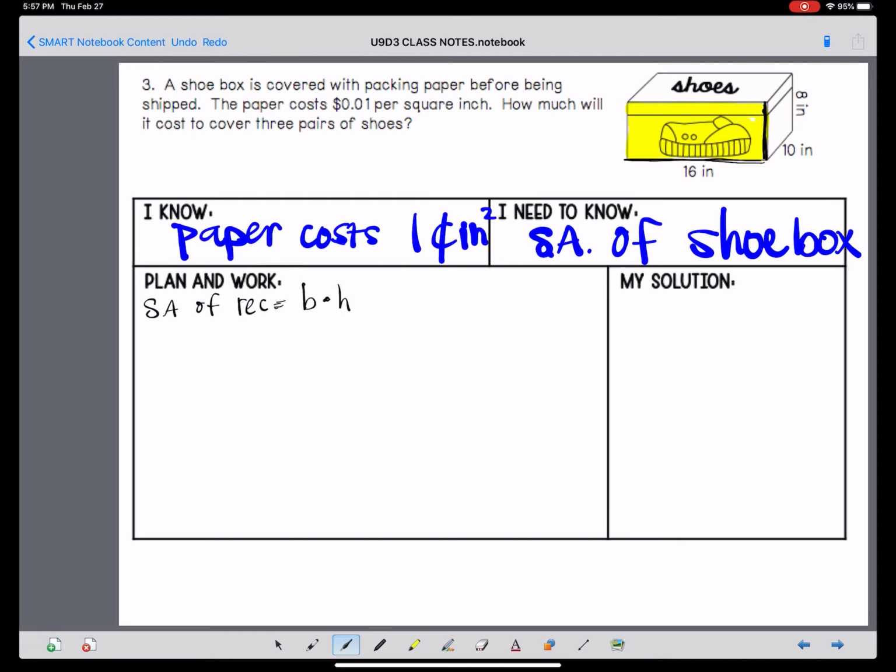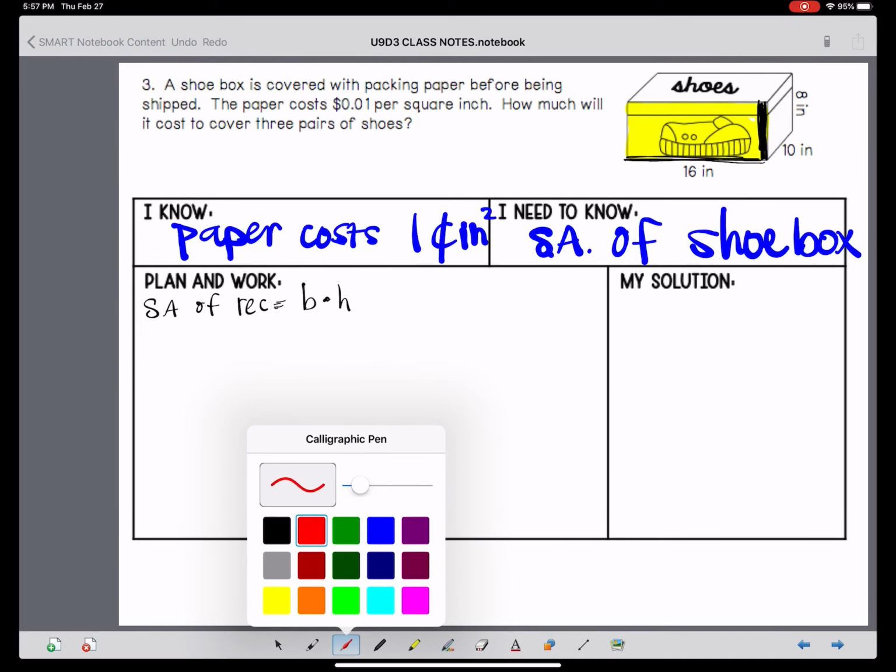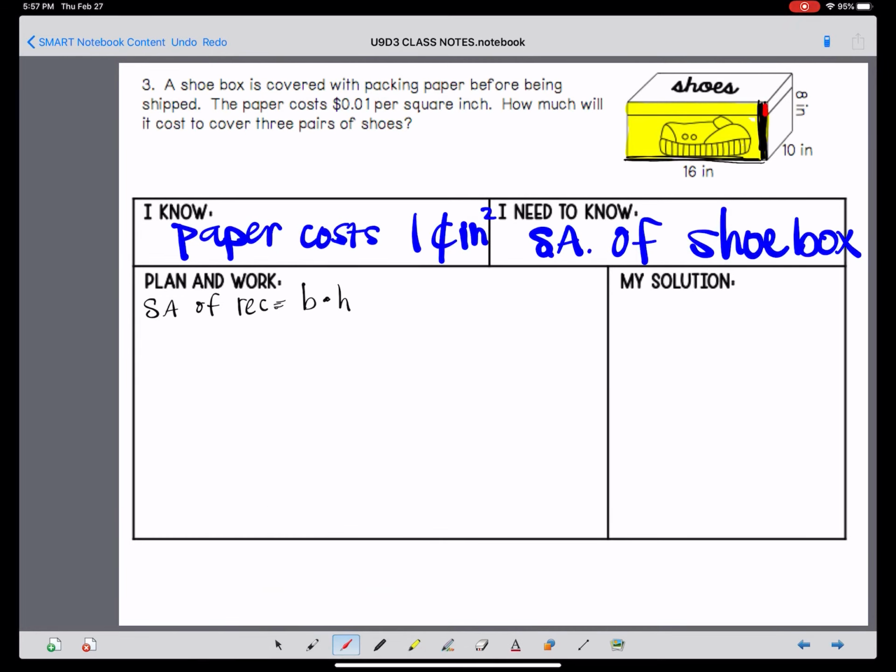So our base was 16 over here, and the height is 10. No, sorry, the height is 8. I'm going to show you how I got 8. I see this height is equal to my height over here that says 8. Okay, so let's write that down. 16 times 8 gives us 128 inches squared. That's just for one of these sides.